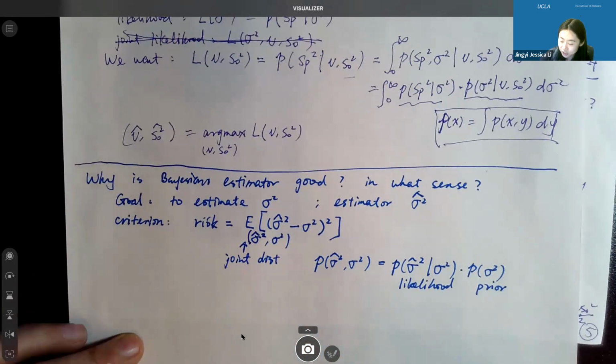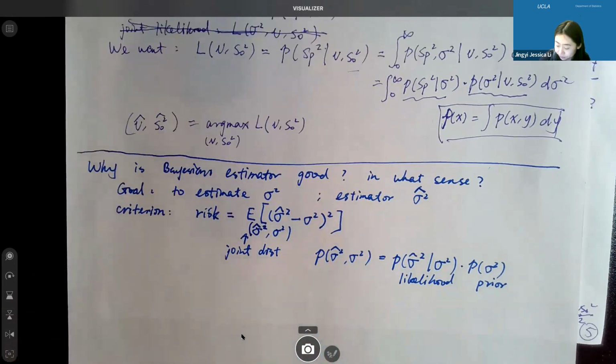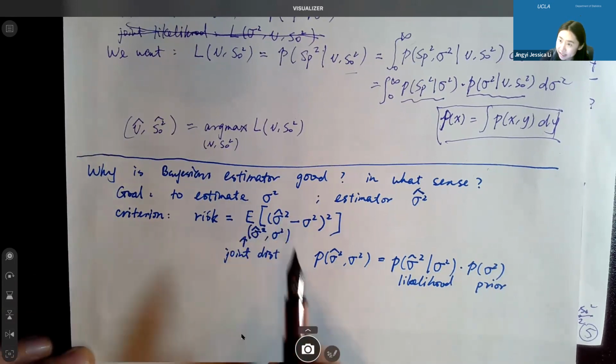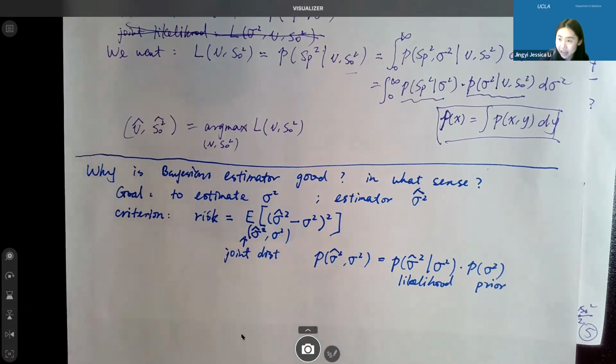Therefore, we can show that in order to construct the estimator that minimizes this whole risk, the estimator is actually the Bayesian estimator.